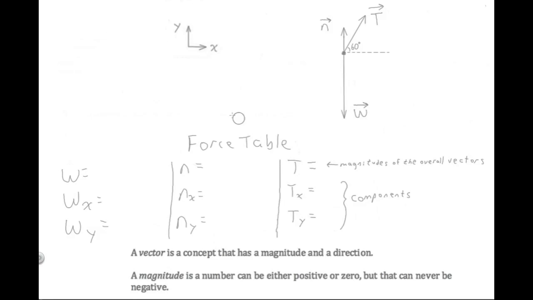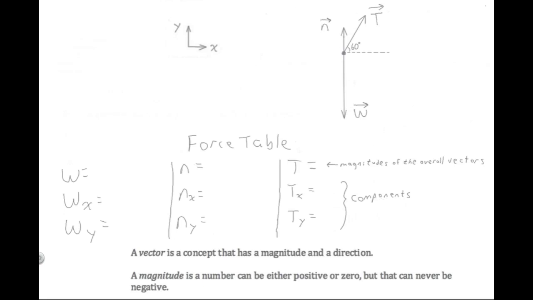Here's our setup for the force table. Notice that there are 3 rows in the force table. The first row of the force table is where we enter the magnitudes of the overall vectors. And the second and third rows of the force table are where we enter the components of the vectors.